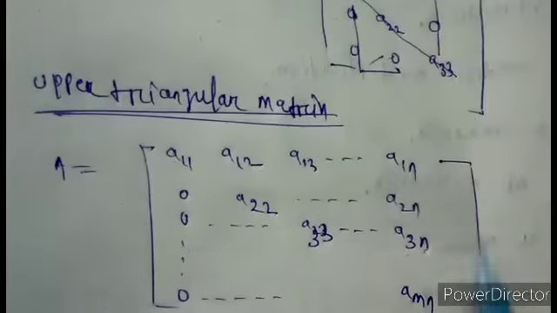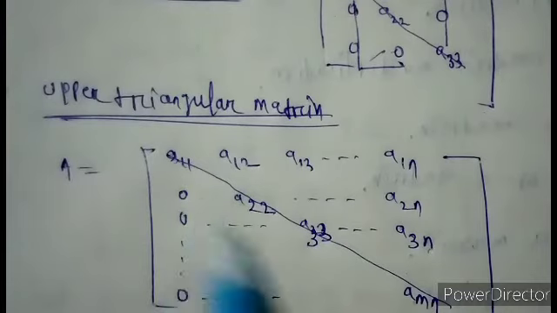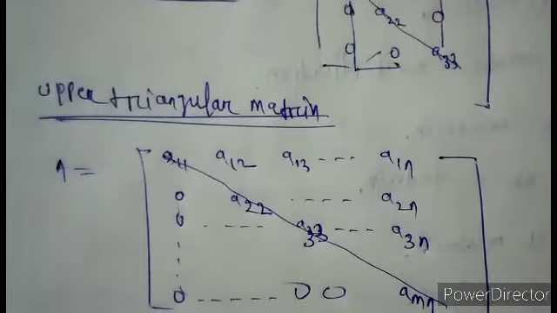This is called an upper triangular matrix. Here all the lower diagonal elements are 0, so it is called an upper triangular matrix.